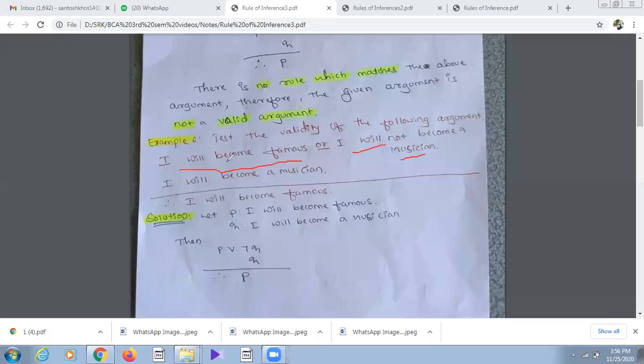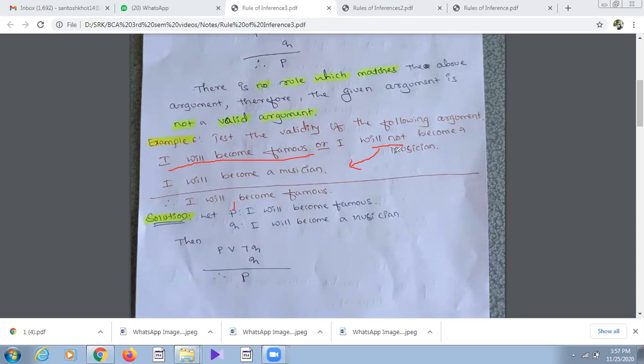Now I have to identify which are the primary statements. Here, one primary statement is I will become famous. We denote that as P. Next, I will not become a musician. When you are taking a negation or negative and positive sentences, identify the opposite of this sentence. The opposite of I will not become a musician is I will become a musician.